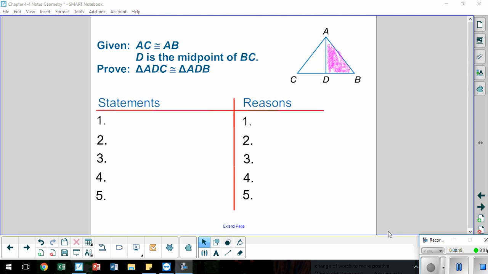Make congruent. All right, so let's look at our given.